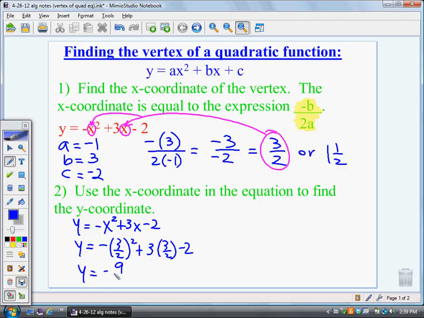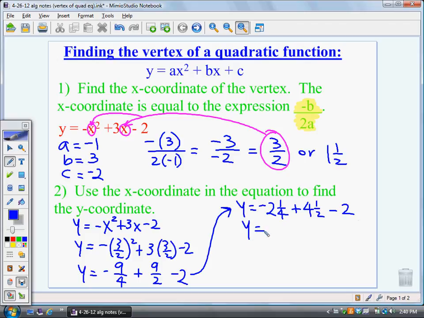The negative sign makes it negative 9/4. 3 times 3 halves is 9 halves, and then minus 2. So I just need to simplify. Negative 9/4 is negative 2 1/4. 9 halves is 4 1/2. And then minus 2.